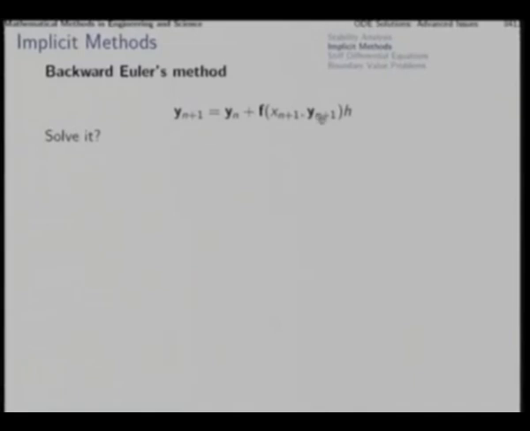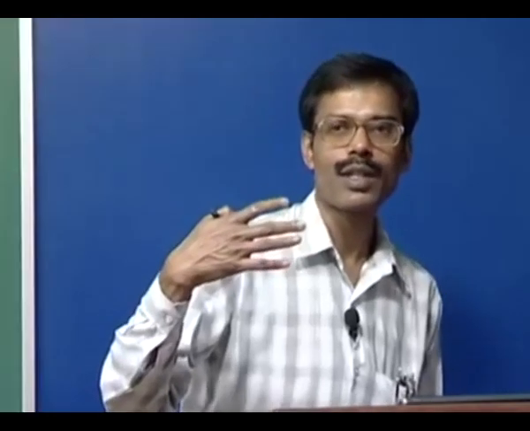The question is that where we will finally reach, that is y n plus 1, we do not know now. So, that means that here we do not get an expression for the unknown y n plus 1, but we get a system of equations in y n plus 1. So, the question is, we still have n equations in n unknowns.